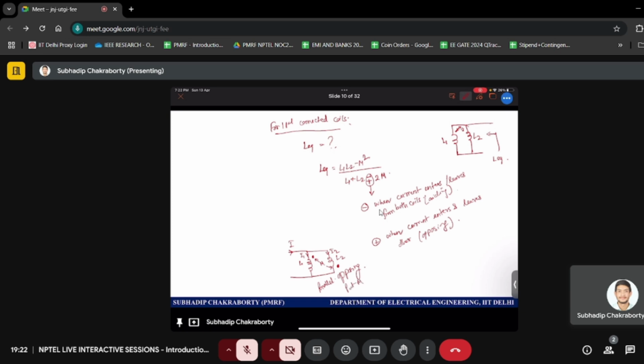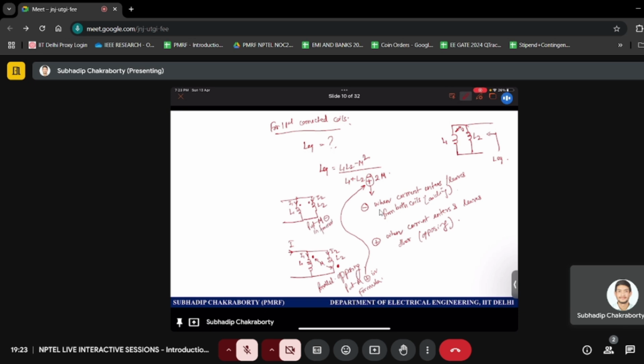Put M plus in formula. And this is, since current is entering, put M minus in formula.